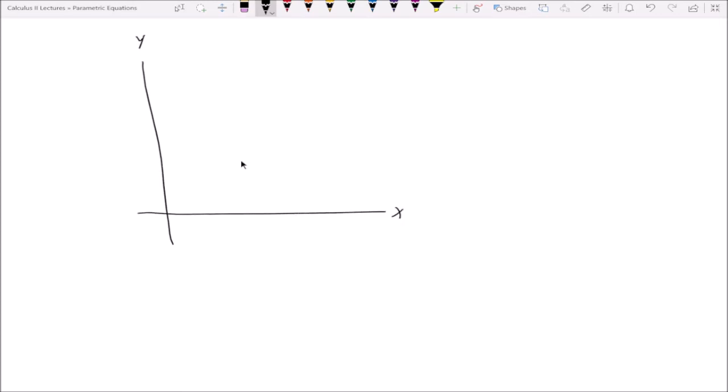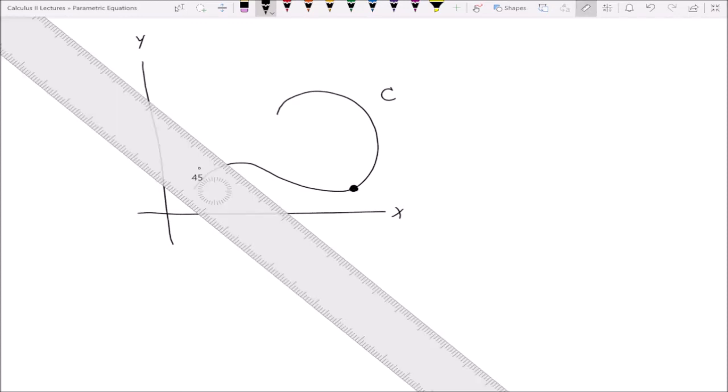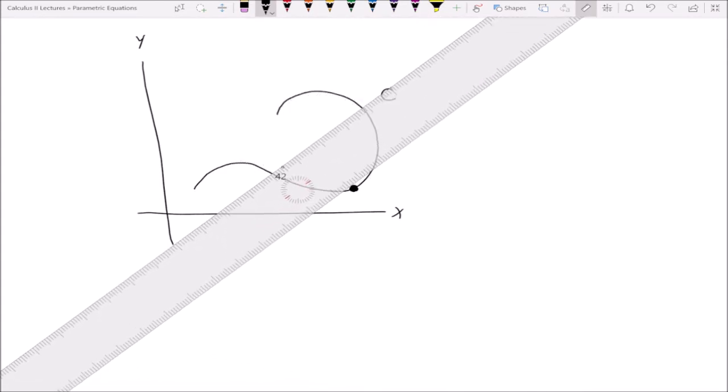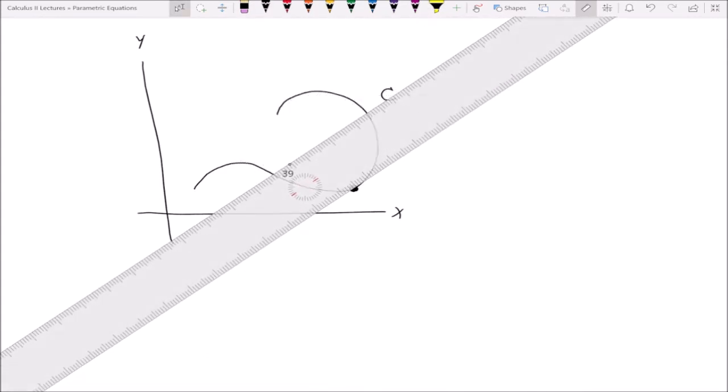If we are given a parametric curve, C, we are clearly now going to be interested in, at that point, what's the tangent line?